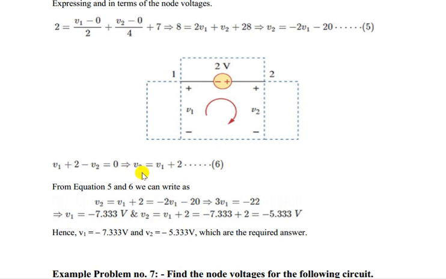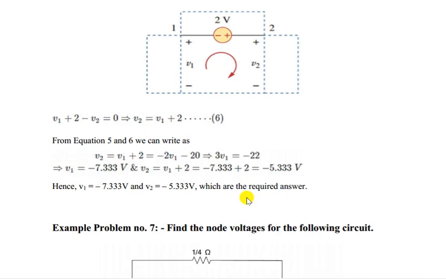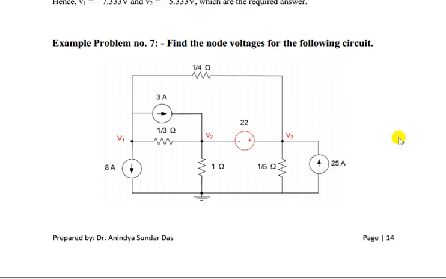So that is the equation: V2 minus V1 equal to 2 volt, or V1 plus 2 equal to V2. Now we got two equations in V1 and V2. We can solve and we will get the answers V1 and V2.